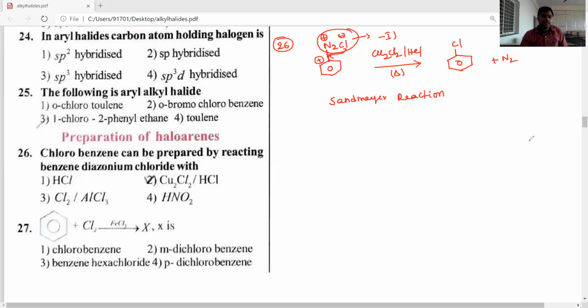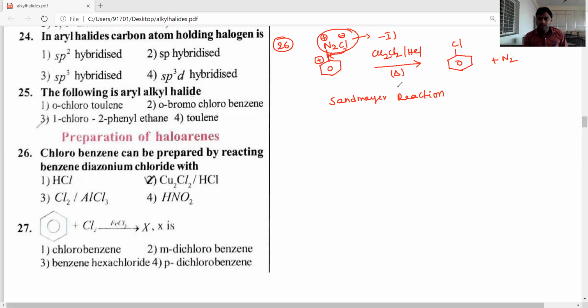That's why this reaction, benzene diazonium chloride, is a very important intermediate for the synthesis of aryl halides. Chlorobenzene, bromobenzene, iodobenzene, we can prepare. So among that benzene diazonium salt is converted into chlorobenzene.